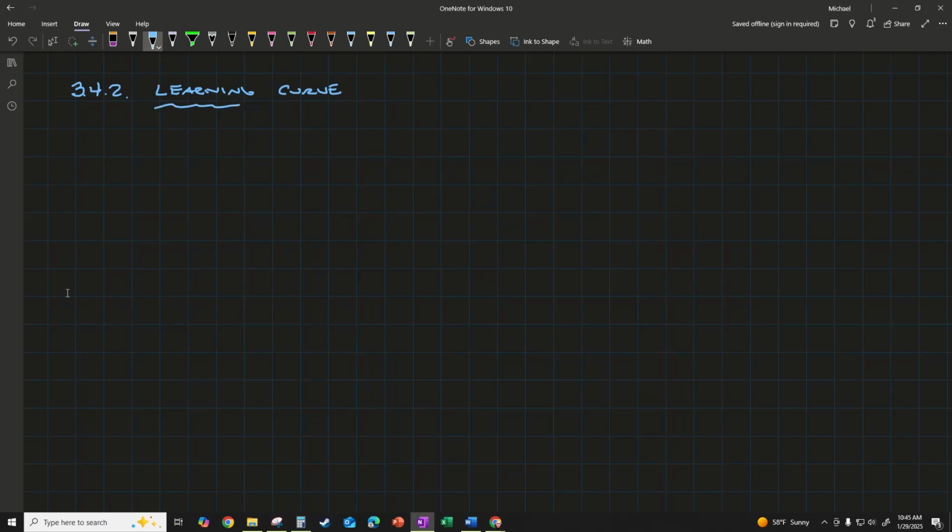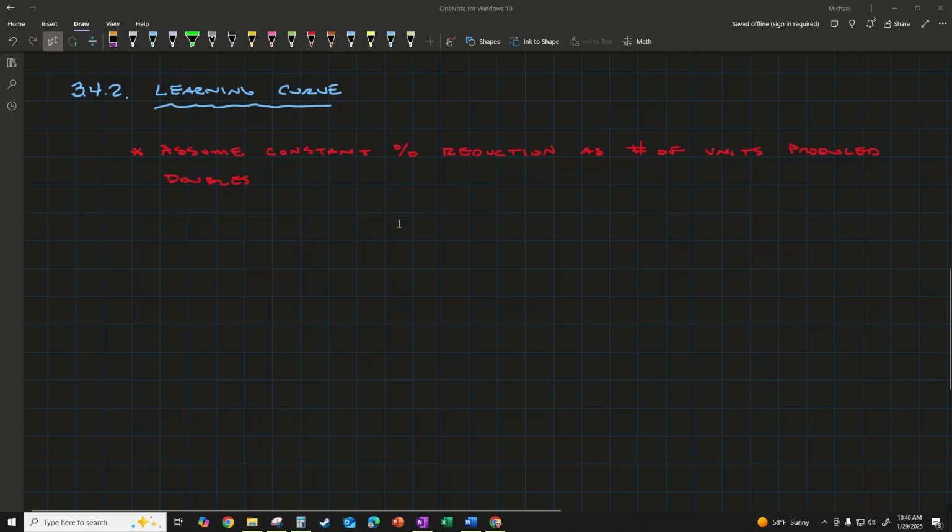We're going to assume a constant percent reduction as the number of units produced doubles. Our model is Z sub u equals k times u to the n. And here n is represented by log of s over log of 2.